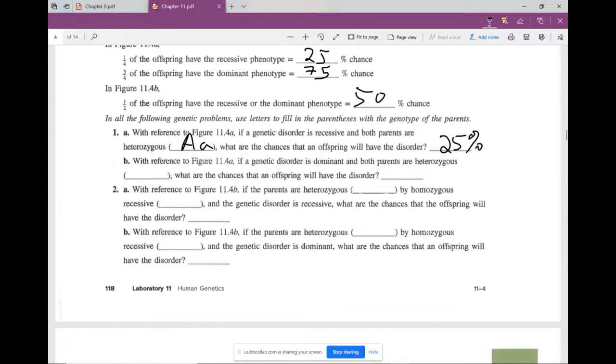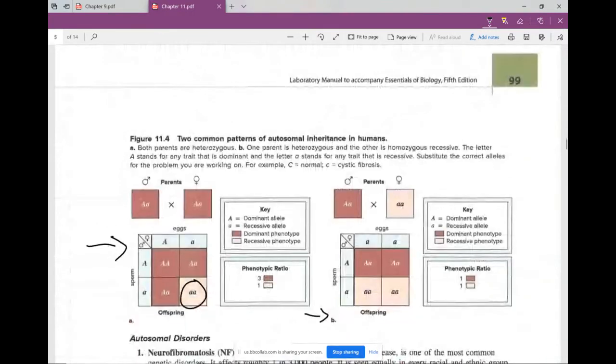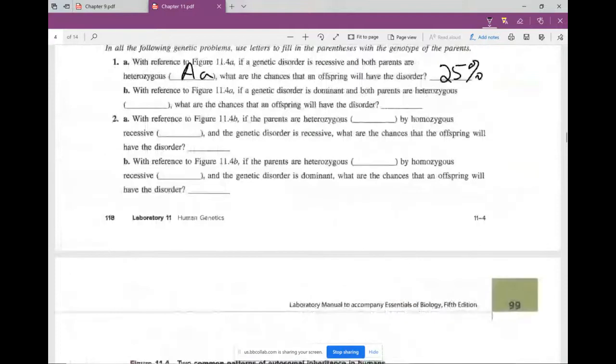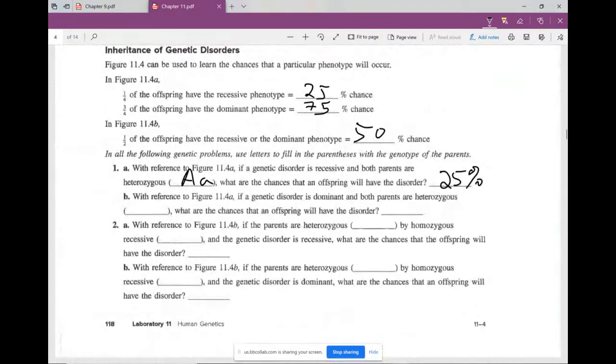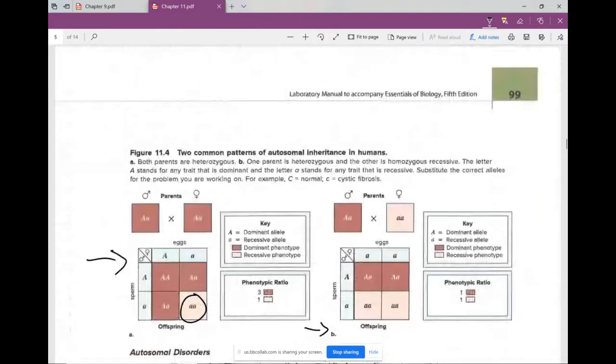With reference to figure 11.4, if the genetic disorder is dominant and both parents are heterozygous, so that's big A, little a. What are the chances that an offspring will have the disorder?